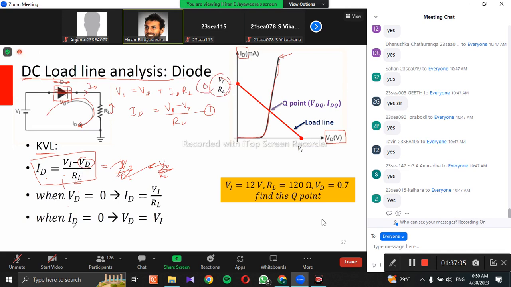And then again, we consider the situation where ID equals 0. If the current through this is 0, then this term is 0, so this equals this, and VD equals V1. So that point is V1, comma 0. That is the point. Is it clear what I'm doing now?